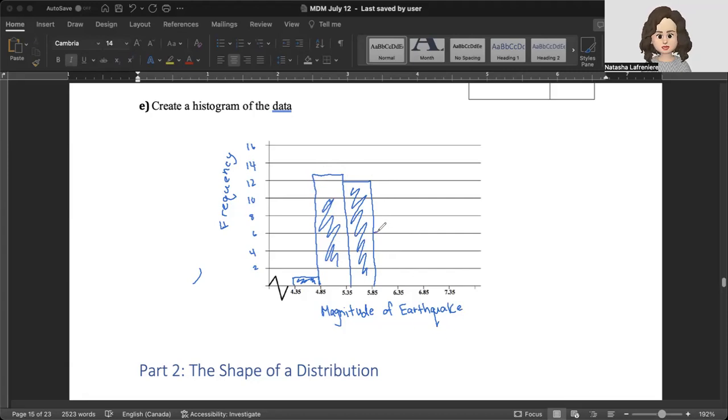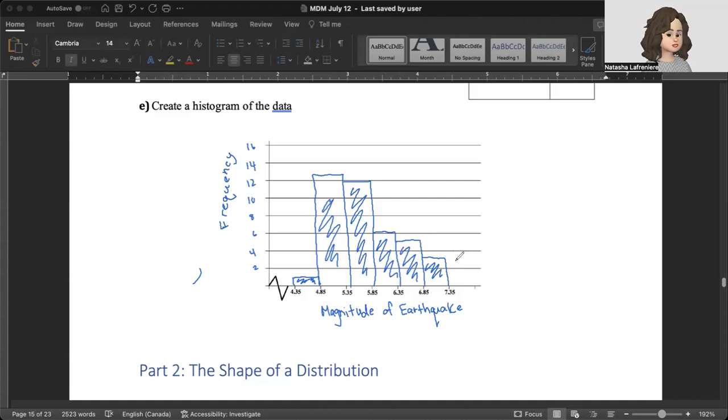The next one is at 6. Following one is at 5. And the last one is at 3. Okay.